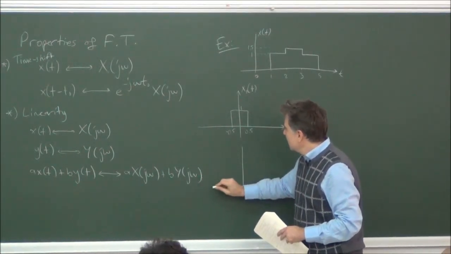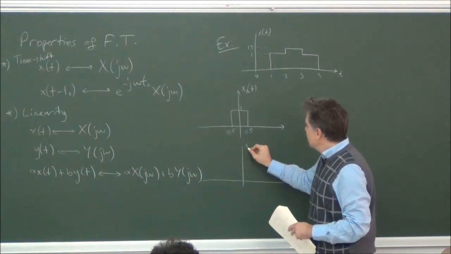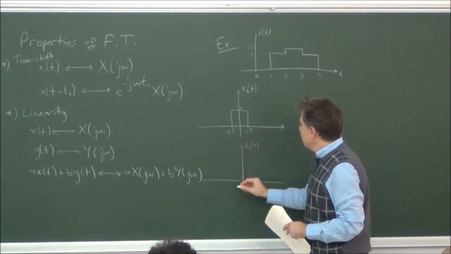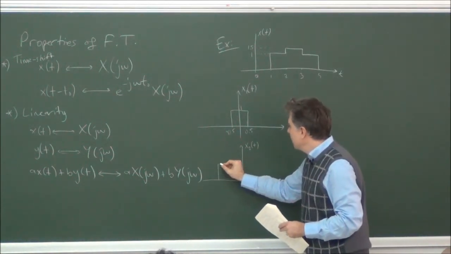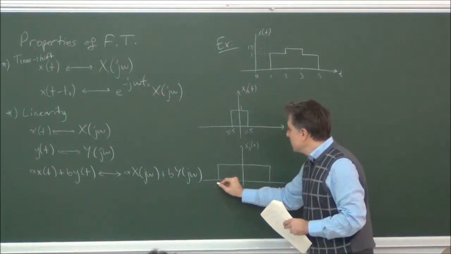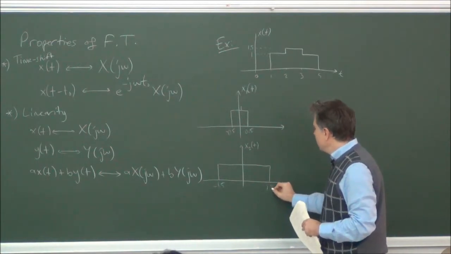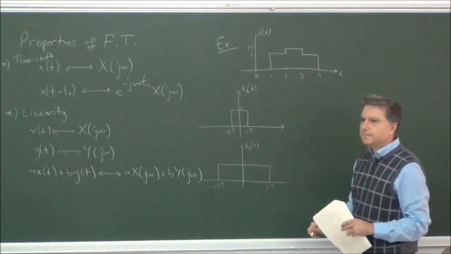And the other one, let's call it x2 of t. That's a wider version of it, from minus 1.5 to 1.5 with a level of 1.